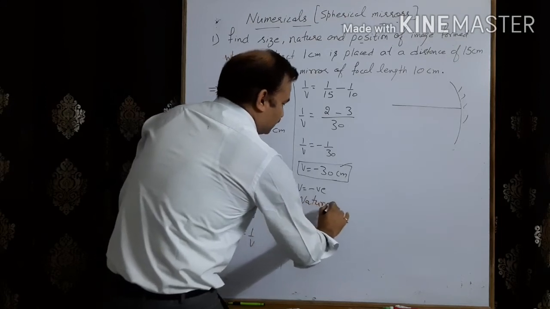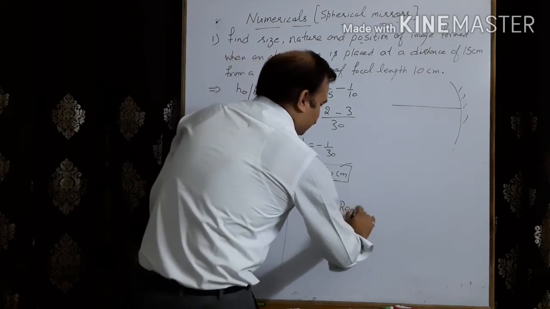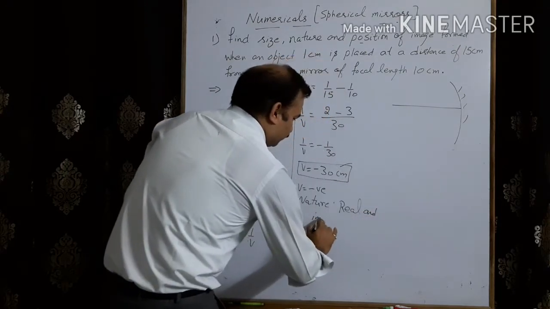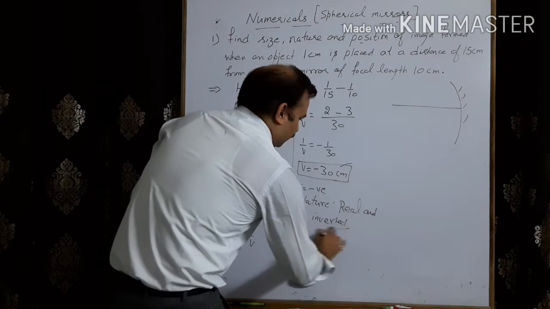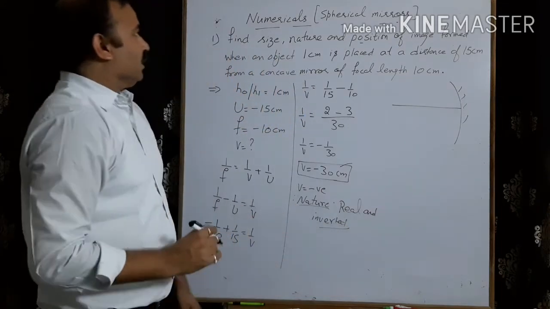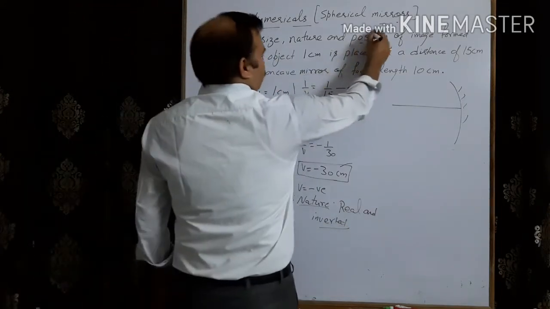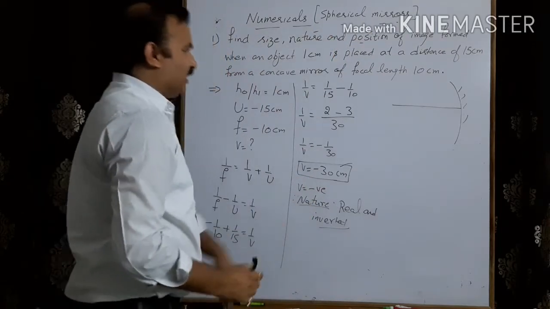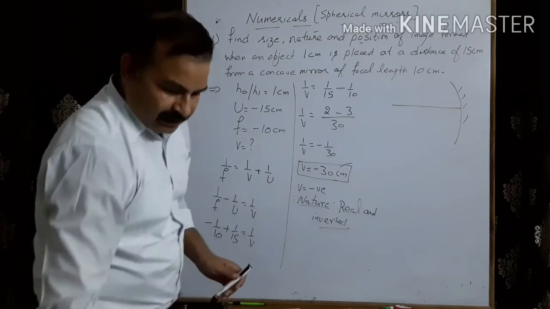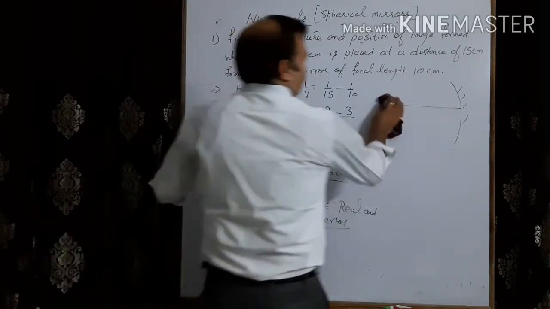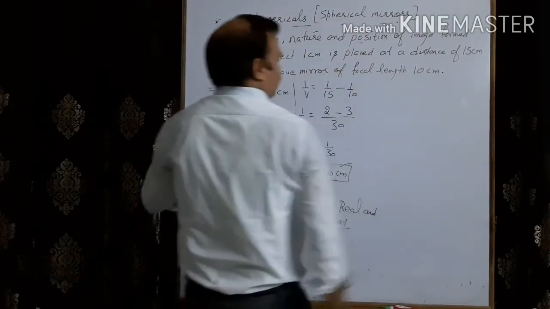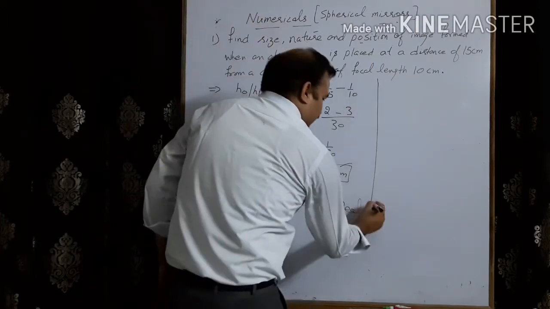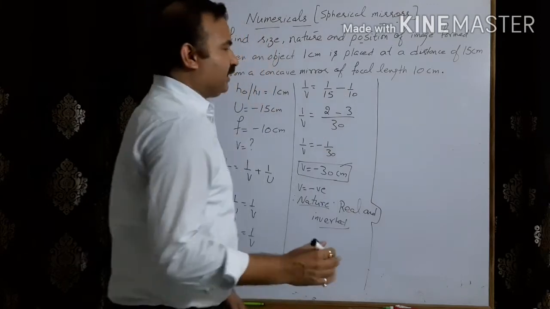The nature is that the image is real and inverted. Fine. We have got the position, that is v. We have got the nature, that is real and inverted. Now we have to find the size of the image, that is the height of the image. For that we apply the formula for magnification.